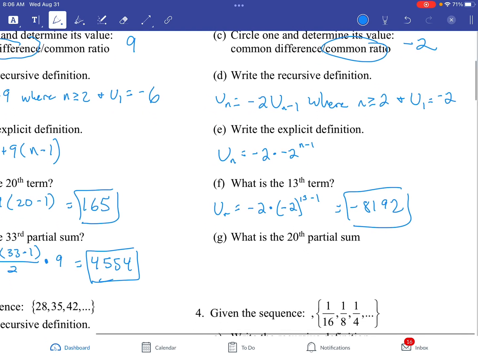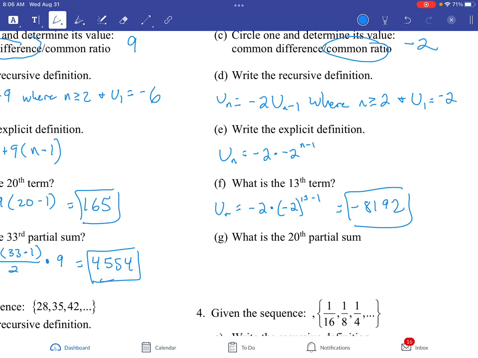Now for the 20th partial sum, we're going to have u sub 1, which is -2, times 1 minus -2 to the 20th power, divided by 1 minus -2. Again, put this in parentheses because it's going to help you out for later.